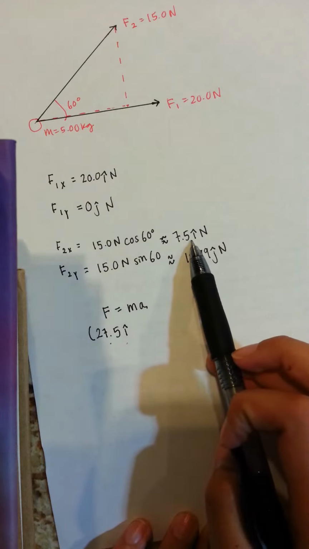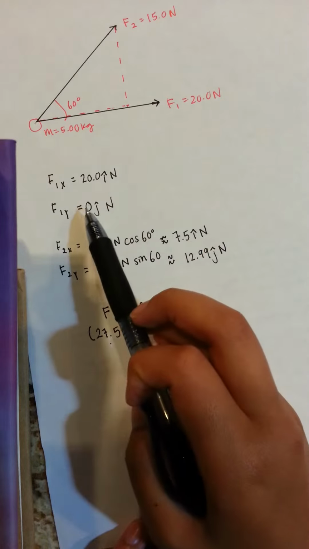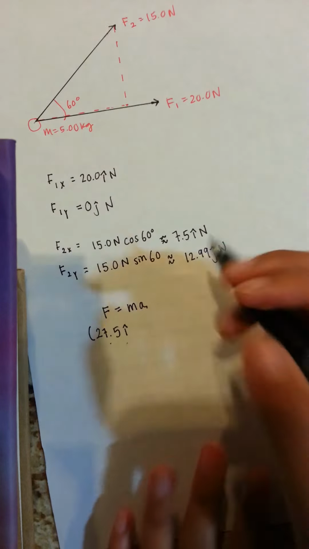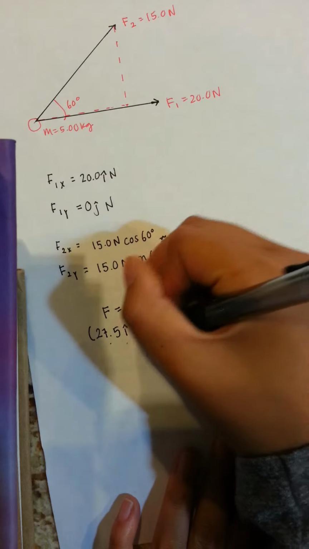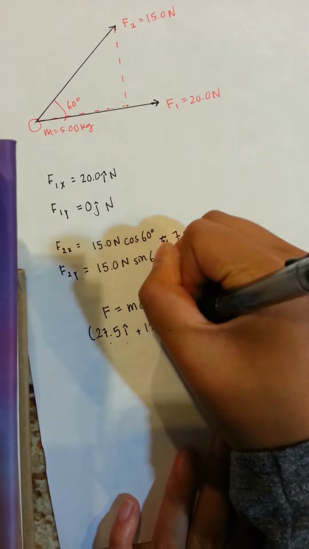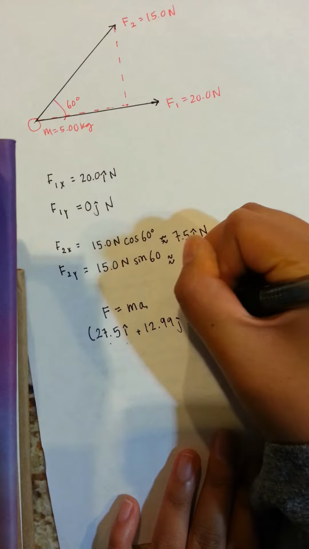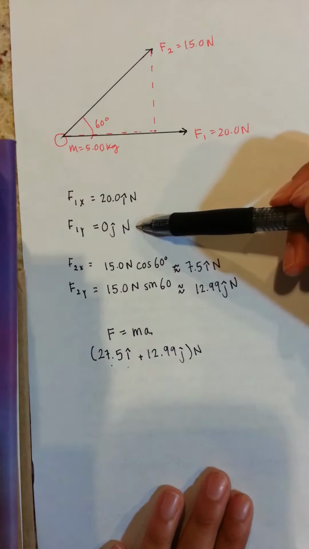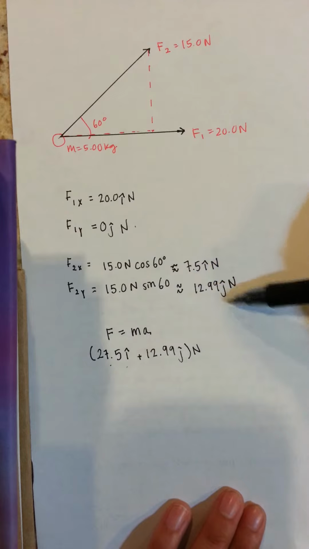So we have 7.5 i hat newtons, and then the 20 newtons right here, and then plus 12.99 j hat newtons. And this 12.99 comes from combining the 0 j hat here and then the 12.99 here.